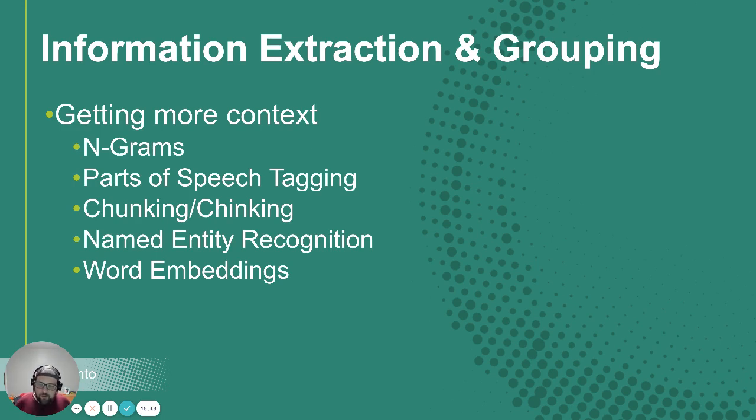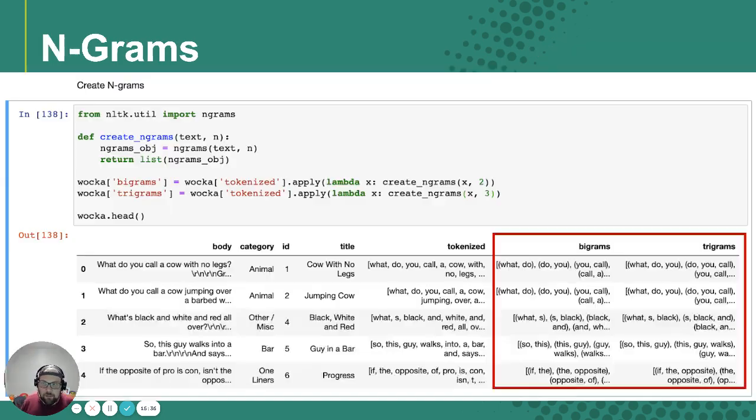We already briefly mentioned parts of speech tagging: is this word a noun or a verb? Chunking or chinking, which I'll get into a little bit later. Named entity recognition: is this word a person or a government entity or the name of a currency? Or even something a little bit more complex like word embeddings.